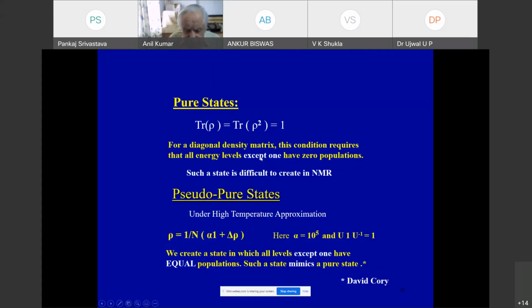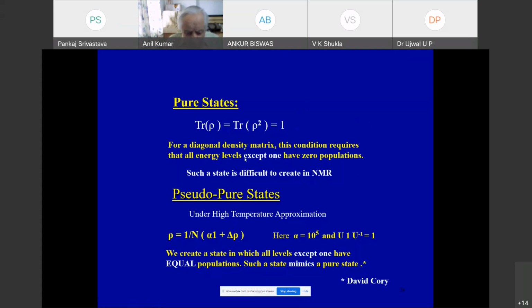Such a state is difficult to create in NMR. In optics, it is easy to do, but in NMR, the energy gap is too small. We will need pico-Kelvin temperature to create such a situation.